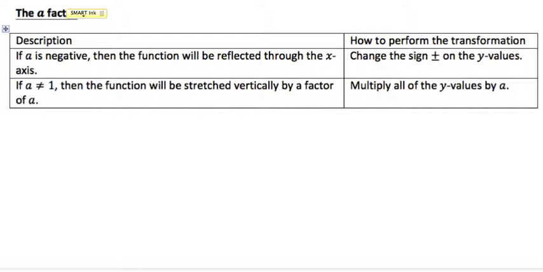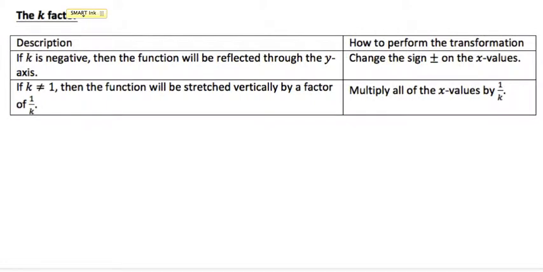If that number is also not equal to 1, so that is it's 2 or it's 3 or it's a half, then we have a stretch vertically by a factor of whatever that number is, 2 or 3 or a half. Okay, now I've given this a variable of a. So if a is negative, then we have a reflection. And if it's non-1, so it's 2, then we have a stretch. Okay, so that's the a value. So that's what's in front of the function.